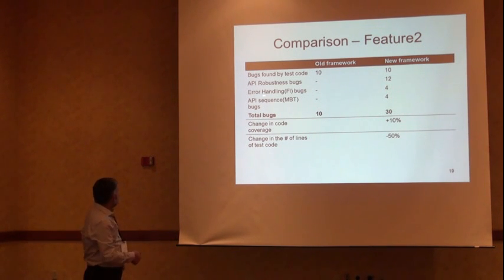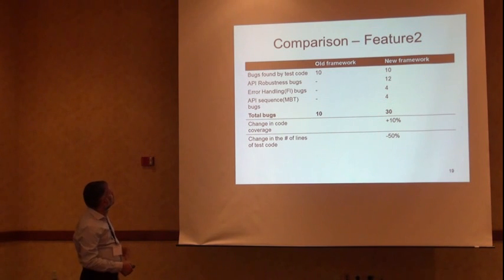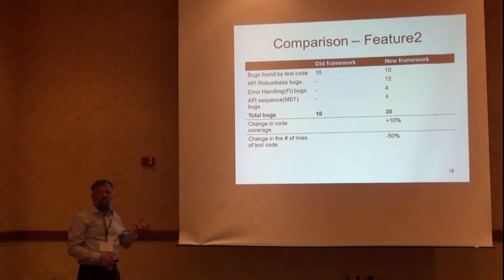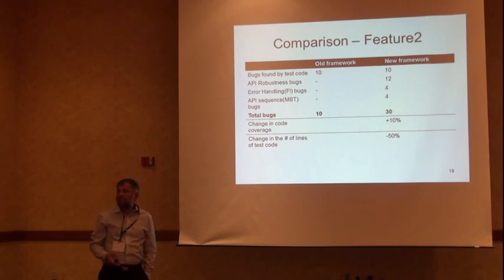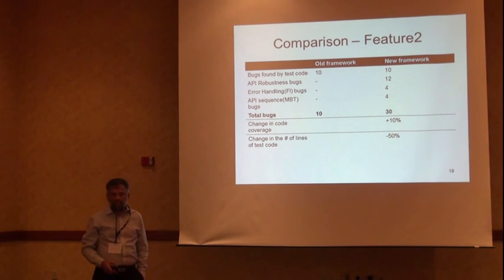And then error handling code, and then we have sequencing bugs resulting from using the model, 4. So these are fairly significant improvements in terms of bug-finding ability. And the coverage built up about 10%, and again, the actual test code dropped in half.